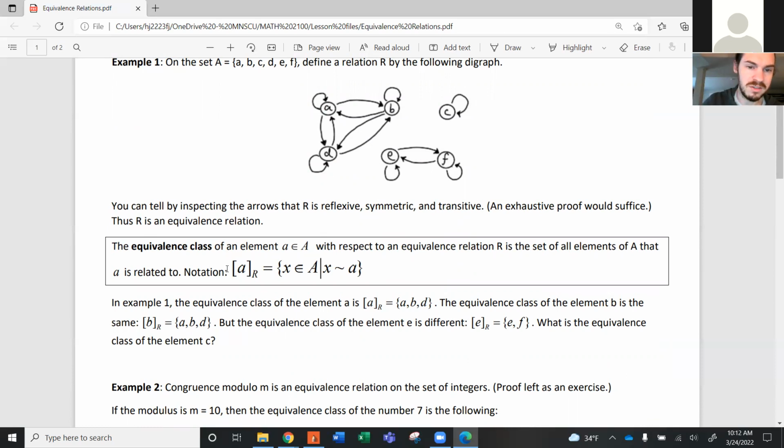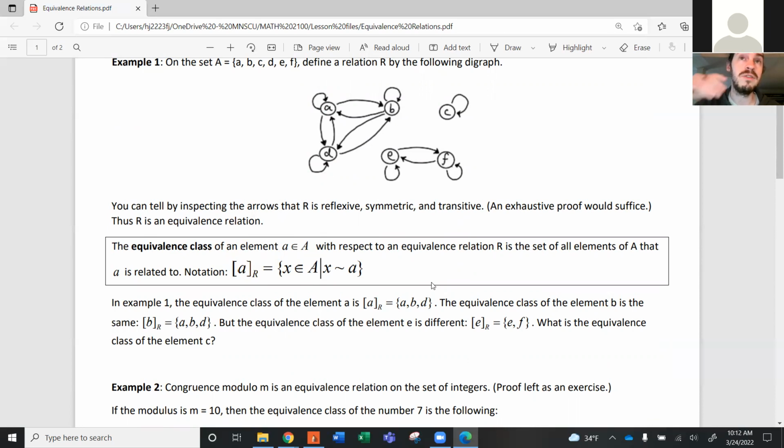The notation uses these square brackets. The equivalence class of A with respect to the relation R is equal to the set of all elements x in the domain such that x is related to A. That's it: x is equivalent to A.